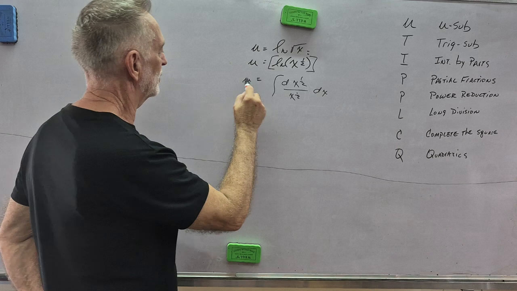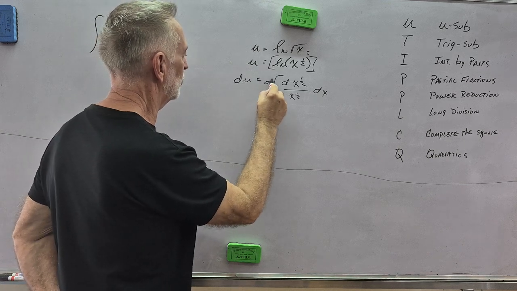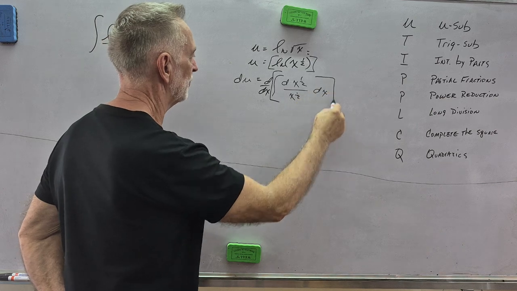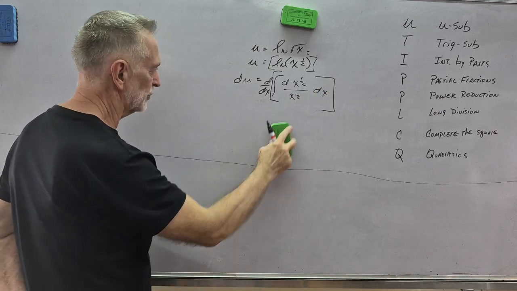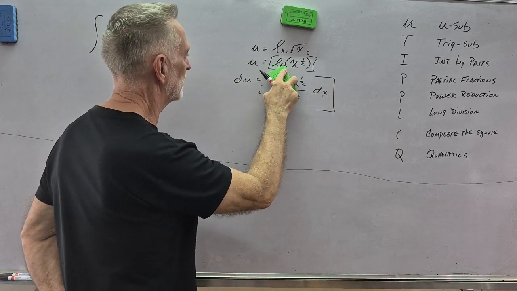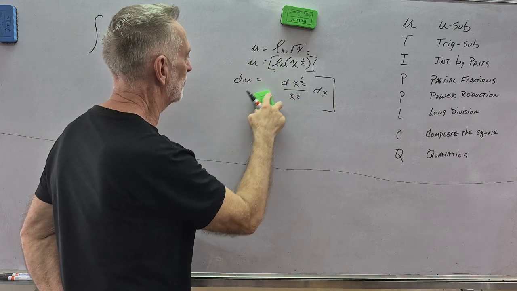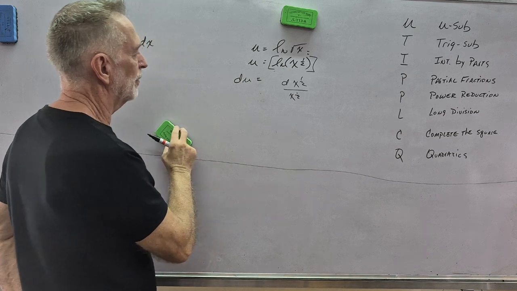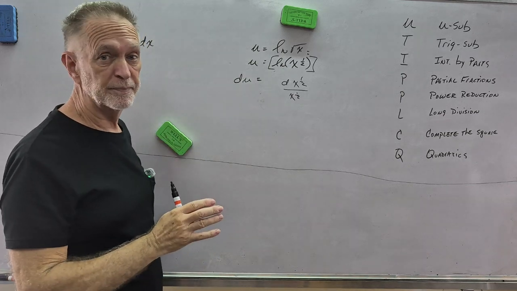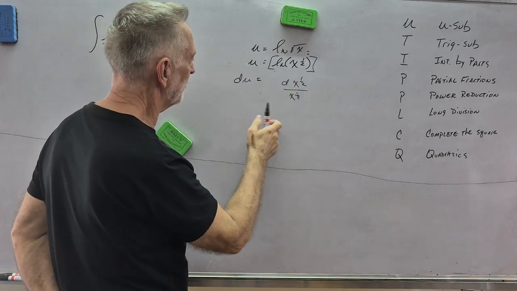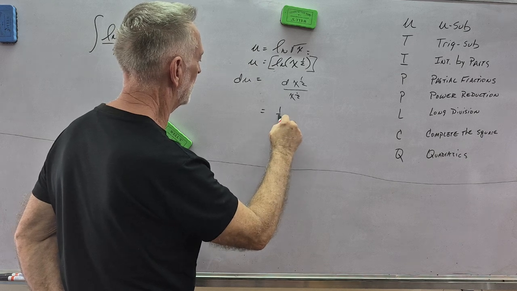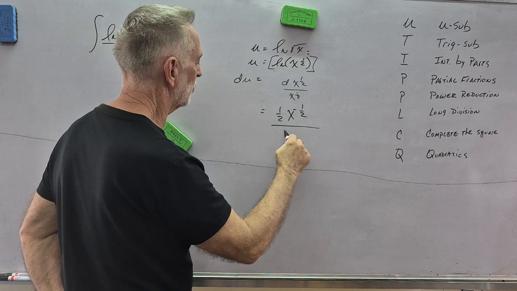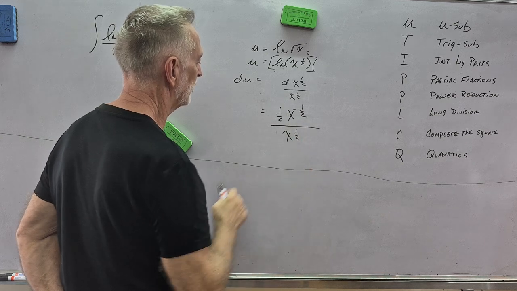So now I'm trying to take the derivative of that with respect to x. And what happens is that integral sign goes away and I'm left with the derivative of the function over the function. So what's the derivative of x to the 1/2? That's 1/2 x to the minus 1/2, and that's over x to the 1/2.